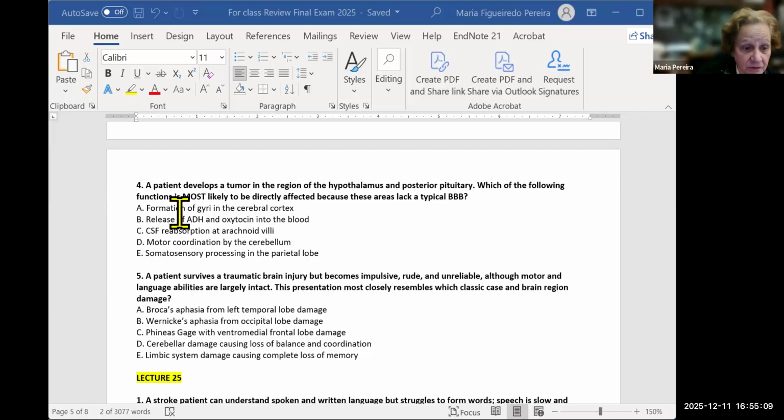Yes, because these two, antidiuretic hormone and oxytocin, are produced by the hypothalamus and move on to the posterior pituitary. So if there's a tumor there, this cannot happen. So there's no flow of ADH and oxytocin from the hypothalamus to the posterior pituitary.